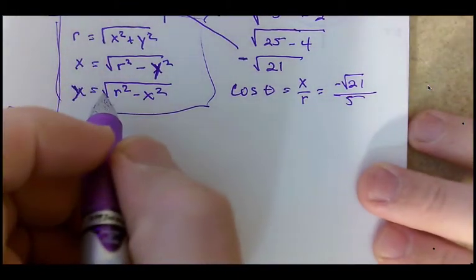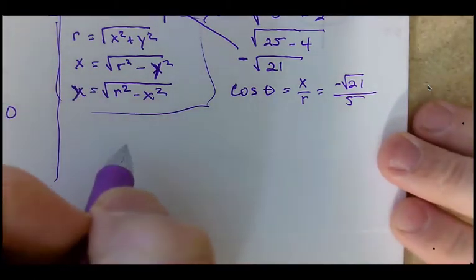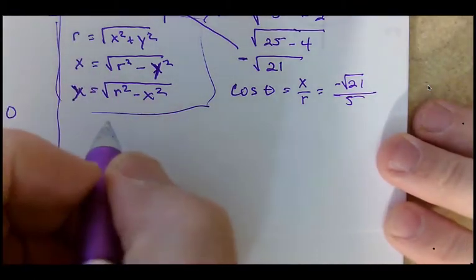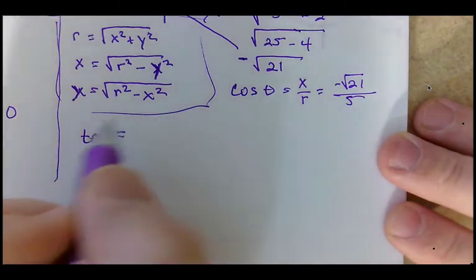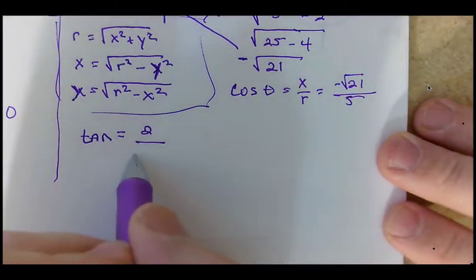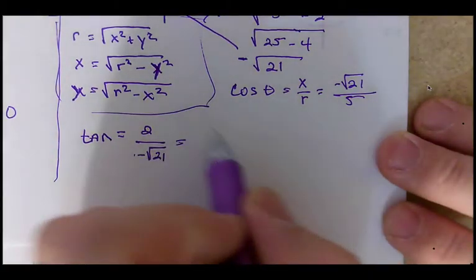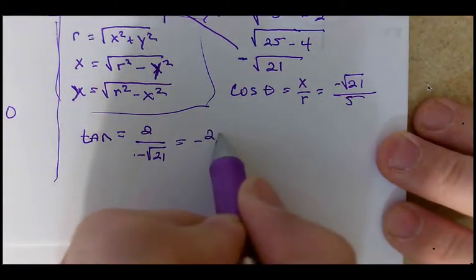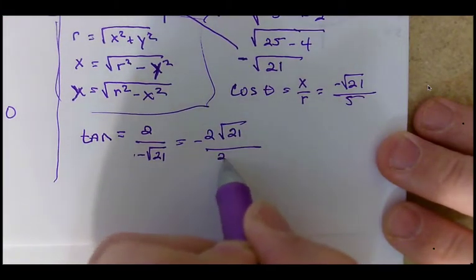So now we have sine and cosine. Let's go ahead and solve for tangent. Tangent is equal to 2 over negative square root of 21, which is equal to negative 2 square root of 21 over 21.